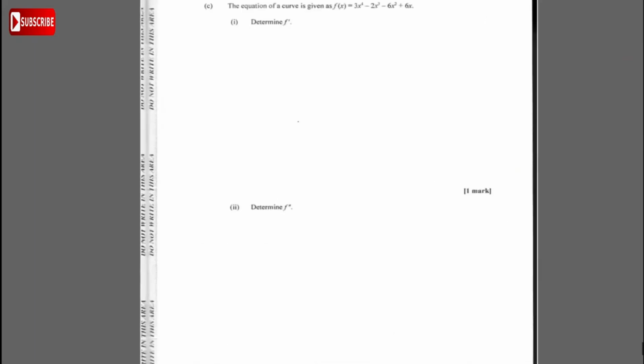All right, so we finish up integration, and now we reach differentiation. It says the equation of a curve, it's a quartic expression. f of x is 3x to the 4 minus 2x cubed minus 6x squared plus 6x. Find f prime of x. Now f prime of x means that we're finding the first derivative.